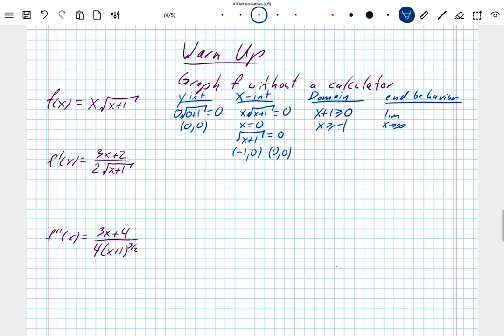And in fact, I know what happens at -1, so I don't even need to worry about if there's an asymptote on the left at -1, because at -1, I'm right on that x-axis. So let's think about what happens as I go to the right. This is not the world's hardest limit at infinity. If I go to the right, x goes to infinity, and that square root also goes to infinity. So big positive number times a big positive number is just a big positive number. Great. So now I know my end behavior there as well.